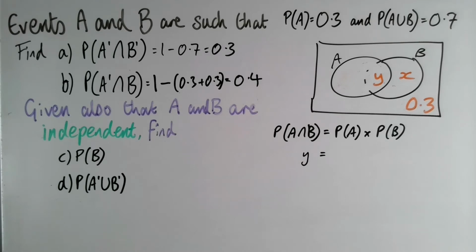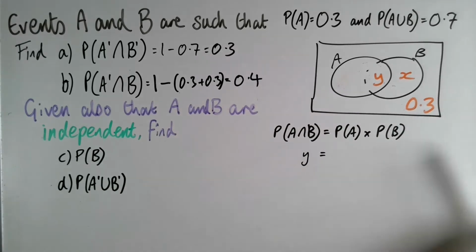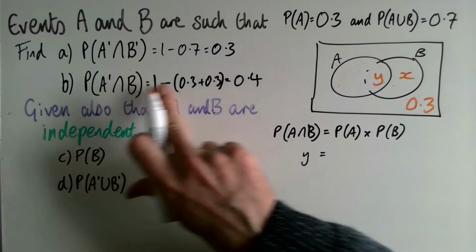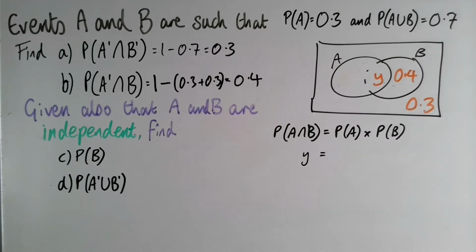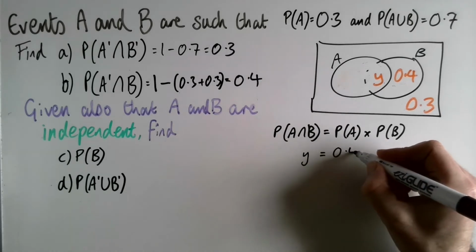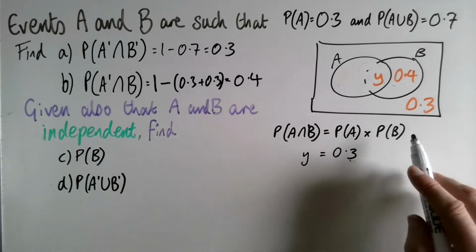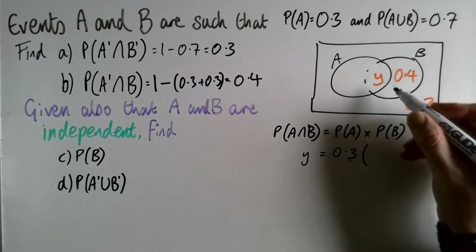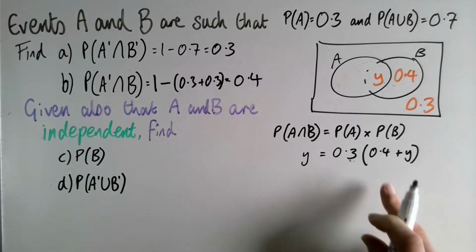and we've also worked out that the probability of x, we've worked that out already, haven't we? We've worked out that that's 0.4, so I don't know why I put x there. I should have put 0.4, because we know the probability of A is 0.3, and the probability of B is going to be 0.4 plus y.